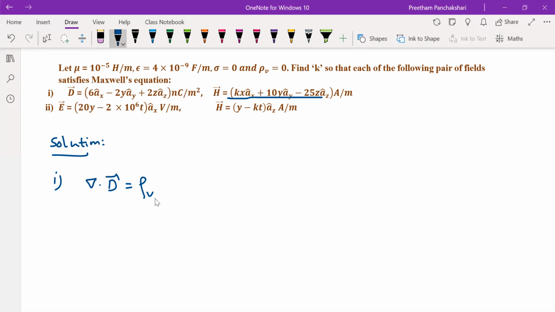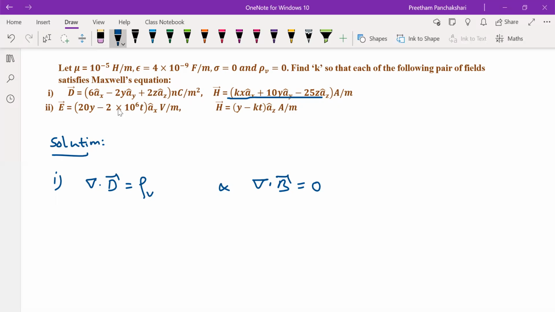Look at this one. In this one, there is no time variable. And one more is there, del dot B equal to 0. This also doesn't contain a time variable. So we can choose any one of these two. But if you go to the other two, they contain a time variable.